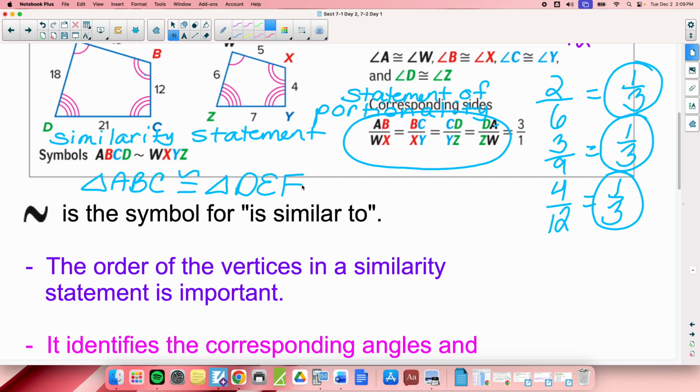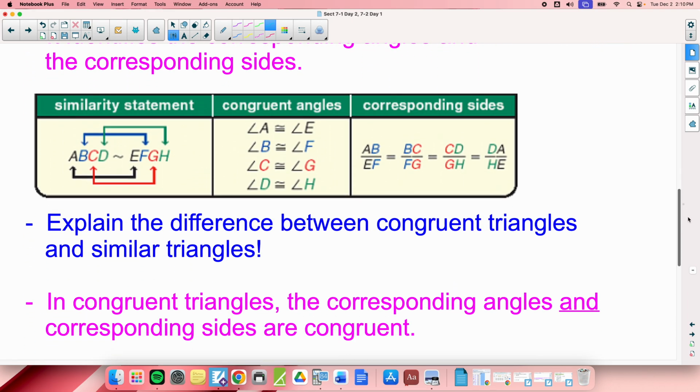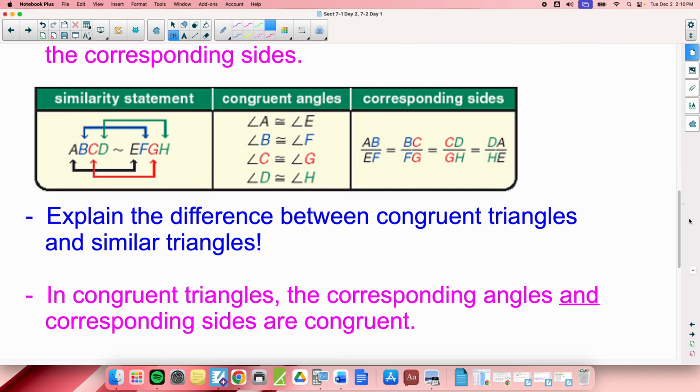A statement of similarity, what happens there is you write that the two things are similar, and the similar symbol is this. It's the symbol that's above your equal sign. Okay? So, I just said a lot, but basically what happens is if they ever give you a similarity statement, you can tell what angles are congruent by where they are in this statement.